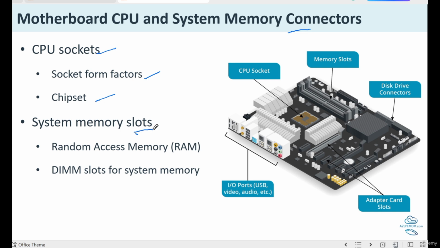System memory slots. The place on the motherboard where you plug in the RAM sticks. More slots means more RAM that we can install in the motherboard. What is RAM? RAM is also known as random access memory. It is a fast, temporary memory that helps your PC run smoothly.